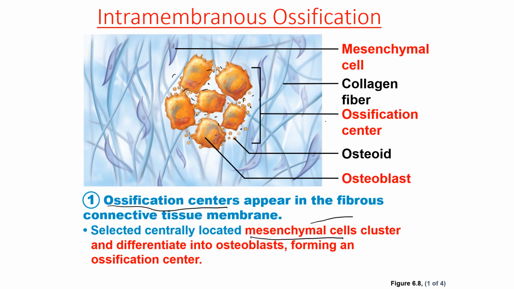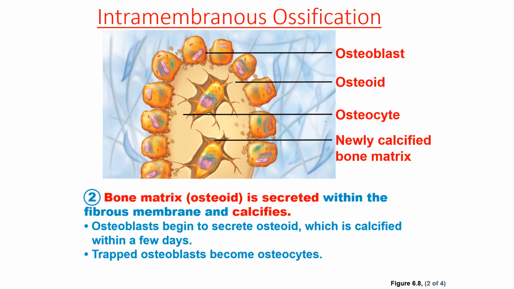Mesenchymal cells will differentiate into osteoblasts, which will further create bone matrix. Osteoblasts continue to secrete the osteoid, which is calcified within a matter of days. Trapped osteoblasts mature into osteocytes. So these centers of calcification continue to create bone tissue from embryonic mesenchymal soft tissue.